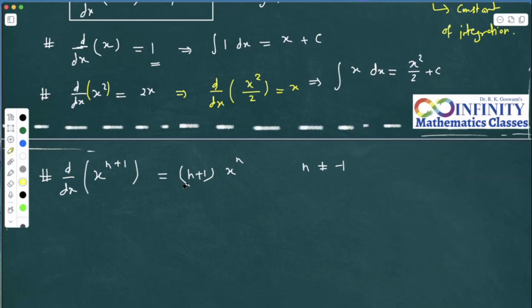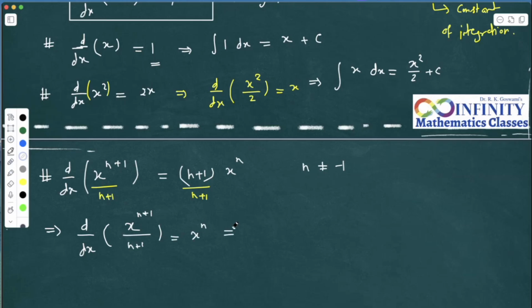If you allow me, I wish to divide both sides by n plus 1. In integration and differentiation, you can divide and multiply with a constant on both sides without any issue. A constant hardly changes anything in differentiation and integration. So if I ask you what is the derivative of x power n plus 1 divided by n plus 1, your answer will be x power n.